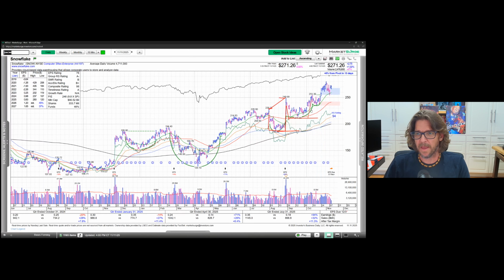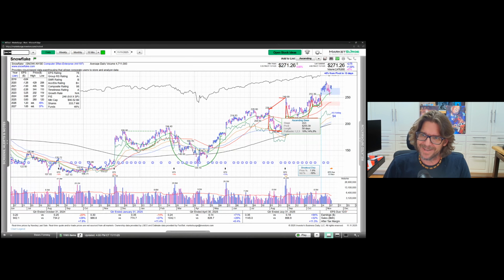Now, your third pullback, this one, again, not only are they shallower, typically they're actually shorter too. The length of the first two are typically about the same. In this case, the middle one is a little bit longer than the first one, which is a little on the unusual side.